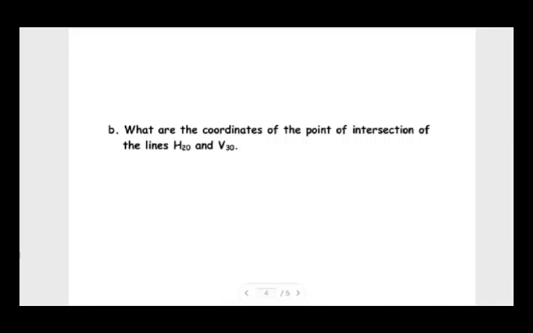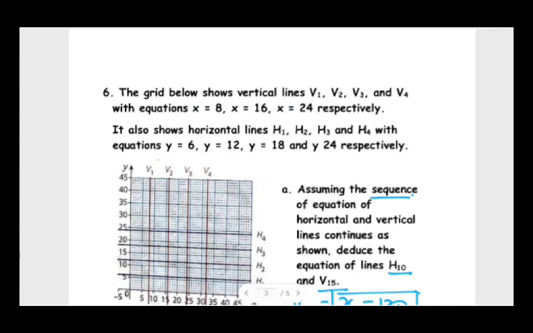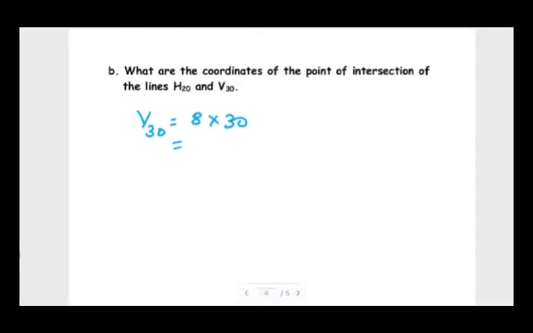What are the coordinates of the point of intersection of the lines H20 and V30? So V30, that means 8 into 30, correct? Because we know that it's going by the table of 8, correct? So 8 tens are 80, right?